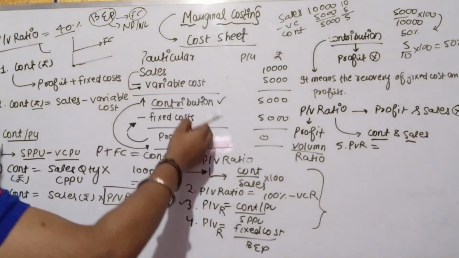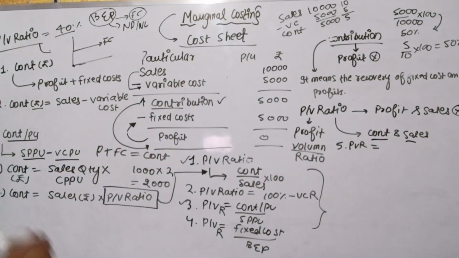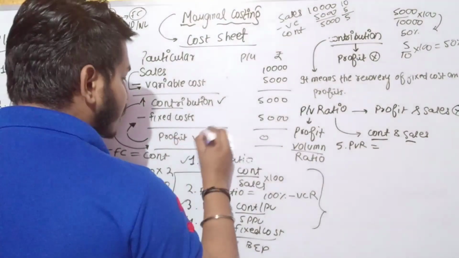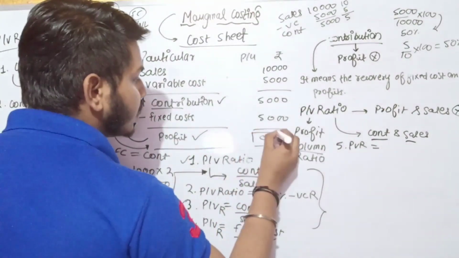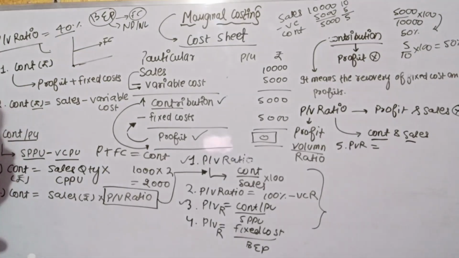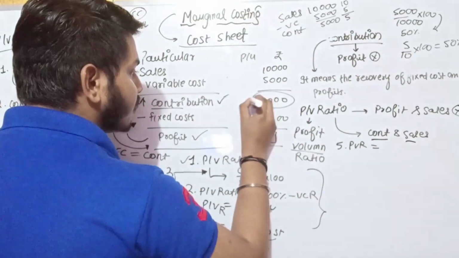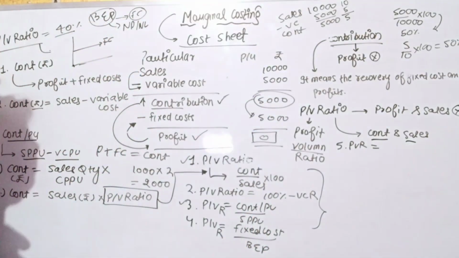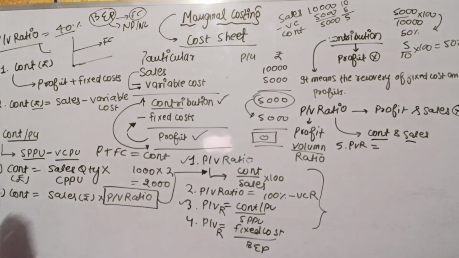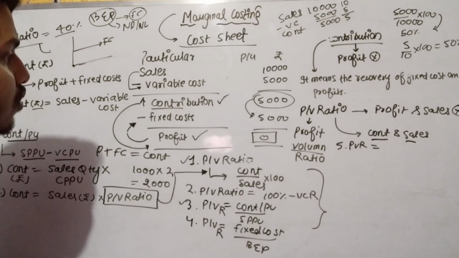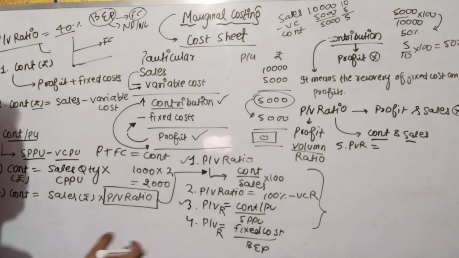This situation is known as the break-even point, where there is no profit and no loss. In other words, we are only able to recover fixed cost and not profit. So this is known as BEP. Till now, just understand the concept of BEP like this. When we move further, we will understand it in another way.